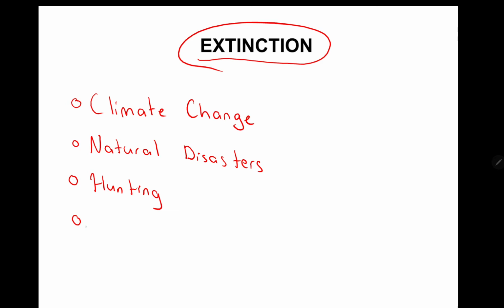And then other animals may be out-hunted by other animals, leading to their extinction. So there's two types of hunting, animals and humans.